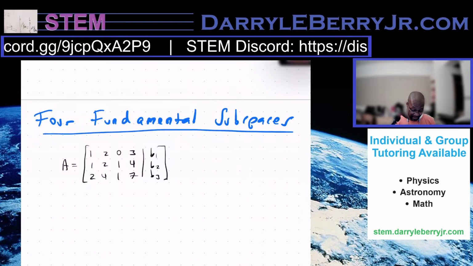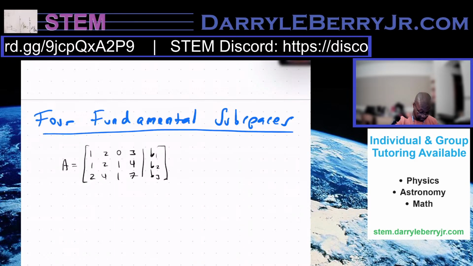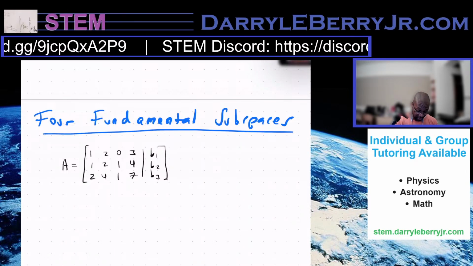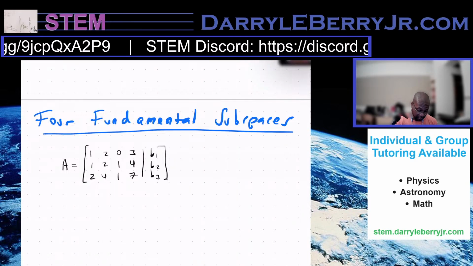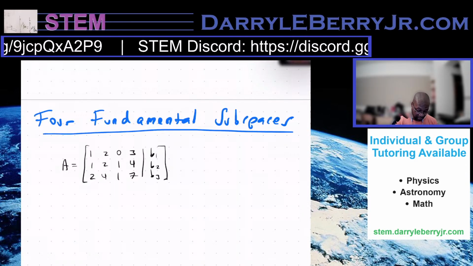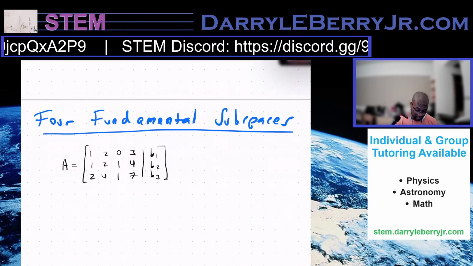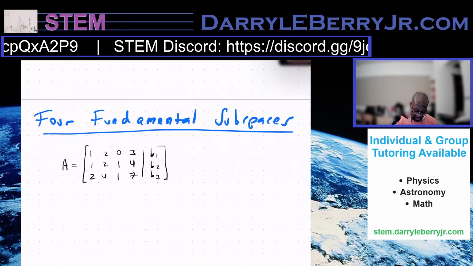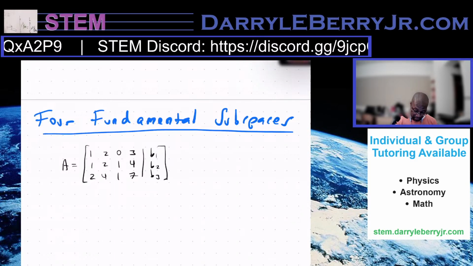So the column space is the columns of A matching pivots in the reduced form.